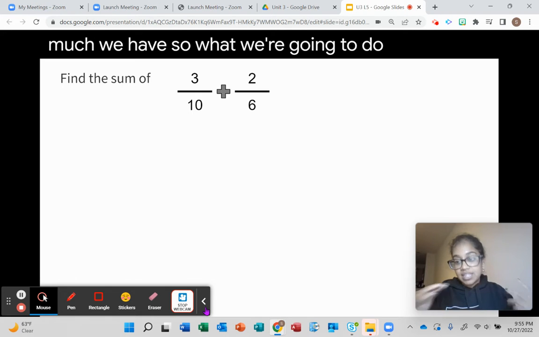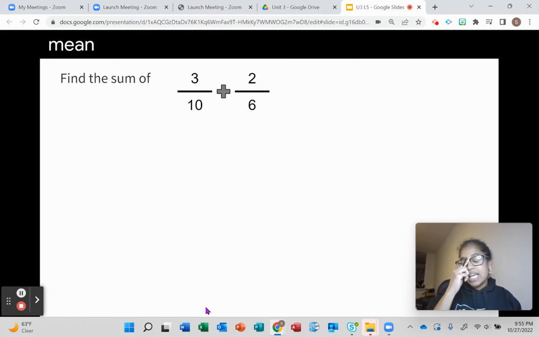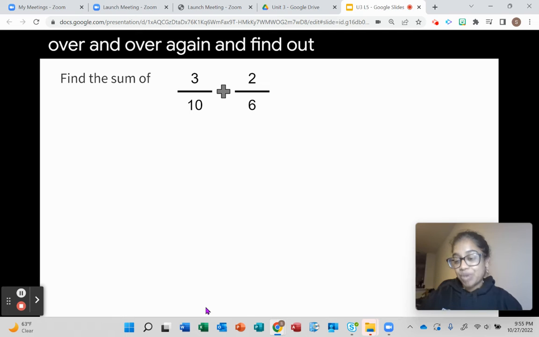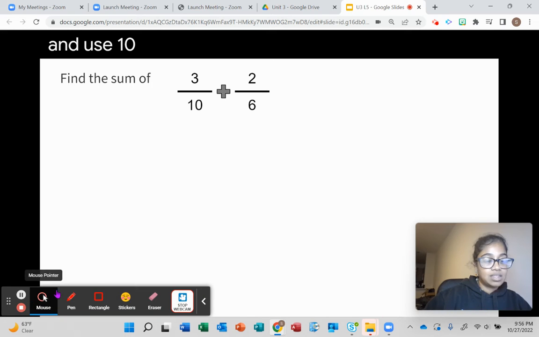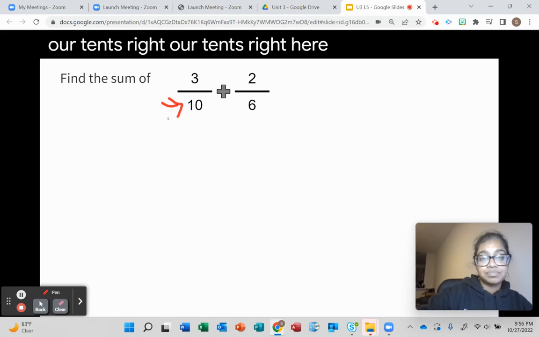So what we're going to do in this case is find multiples. What multiples means is we're just going to multiply that number over and over again and find out what the product is going to be. So for example, we're going to use 10. We're going to look at our tenths right here.